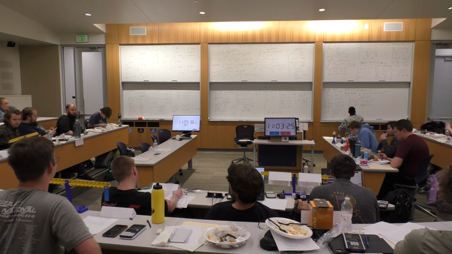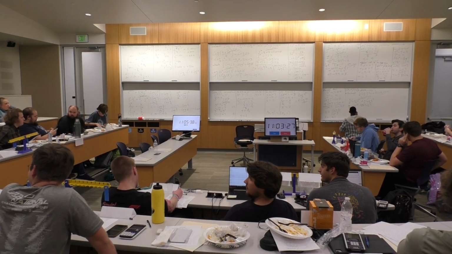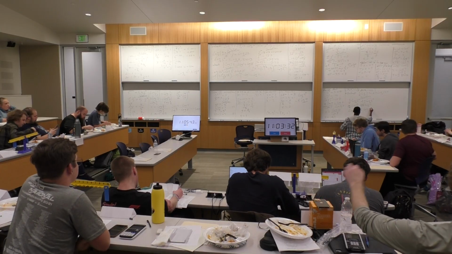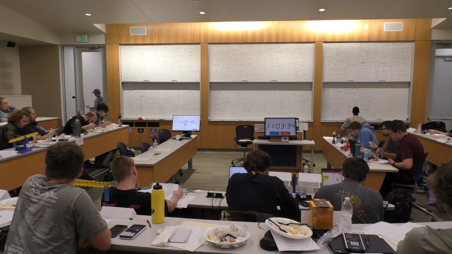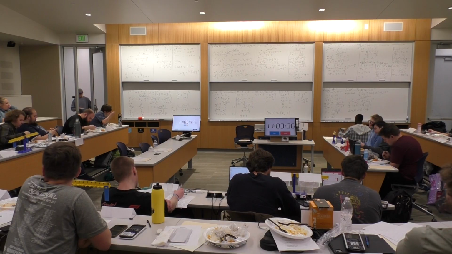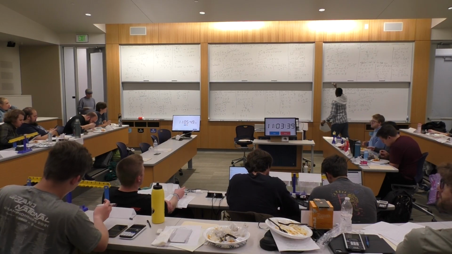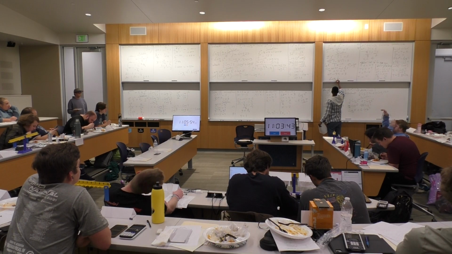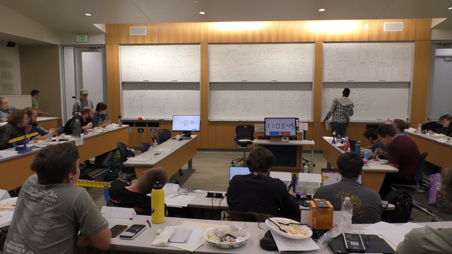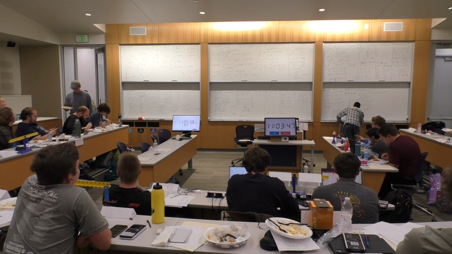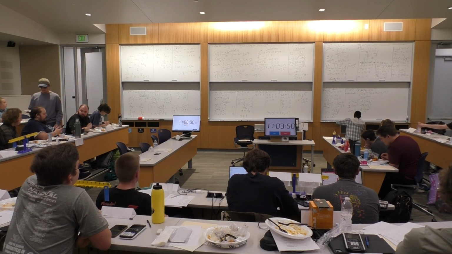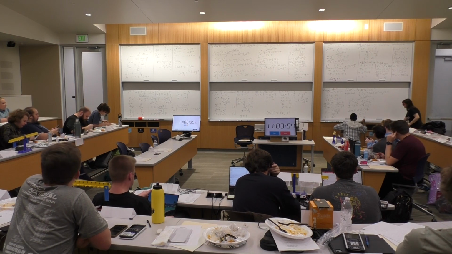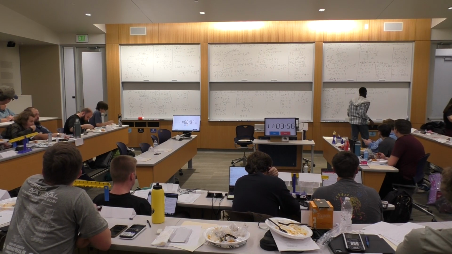Hence you have log 4 base 4 plus 6 log 5 base 5. But remember the basic law: log of any number to its own base is what? 1. Hence here we have 1 plus 6, which is equal to 7. So the answer is 7.